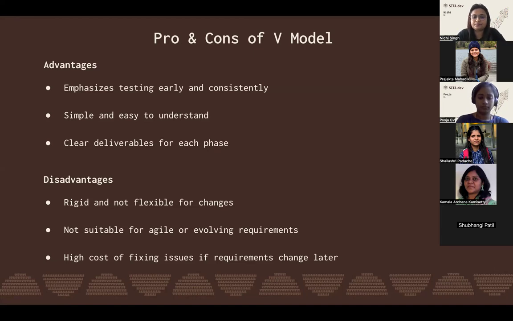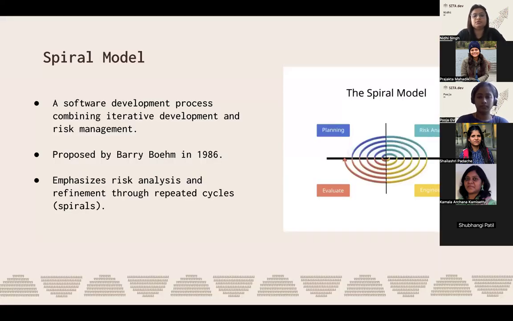Next is the spiral model. So let's take a look at the spiral model. The spiral model was developed by Barry Boehm in 1986. It is a software development process combining iterative development and risk management.